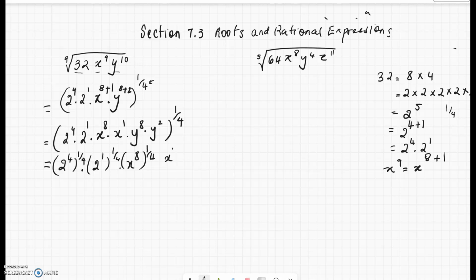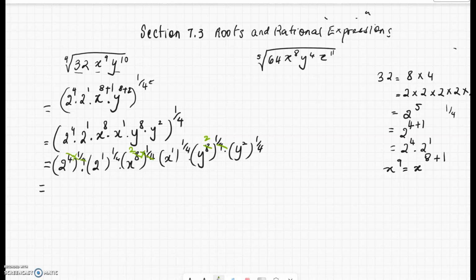So this is x to the 1 whole to the 1/4, y to the 8 whole to the 1/4, y squared whole to the 1/4. Now, the rule of exponents says multiply these two, which means I can cancel common factors. Multiply these two. 4 goes 2 times into 8. Multiply these two. 4 goes 2 times into 8.